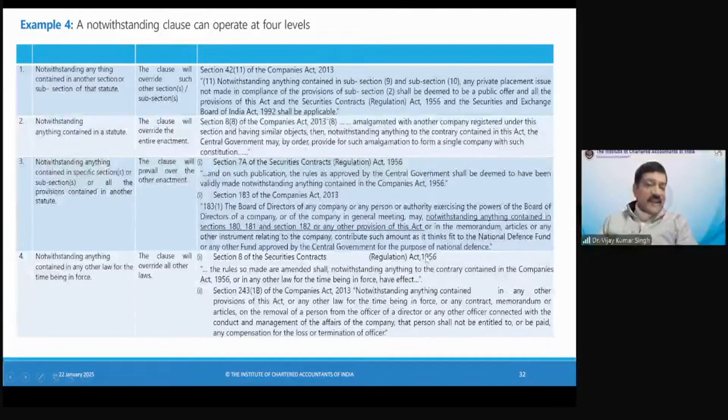So notwithstanding anything contained in any other law for the time being in force. You can see here section 8 of the Securities Contract Regulation Act, again referring to Companies Act 1956. I believe the notwithstanding clause is clear to you people. So it is basically saying that notwithstanding anything in this particular law, this provision will prevail. So this is the idea which this notwithstanding clause or non-obstante clause talks about.